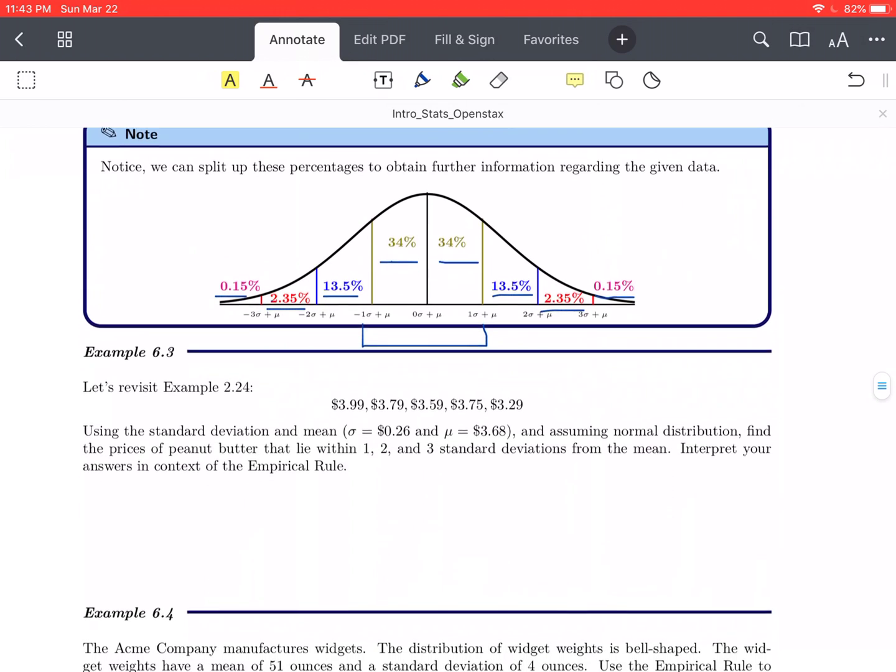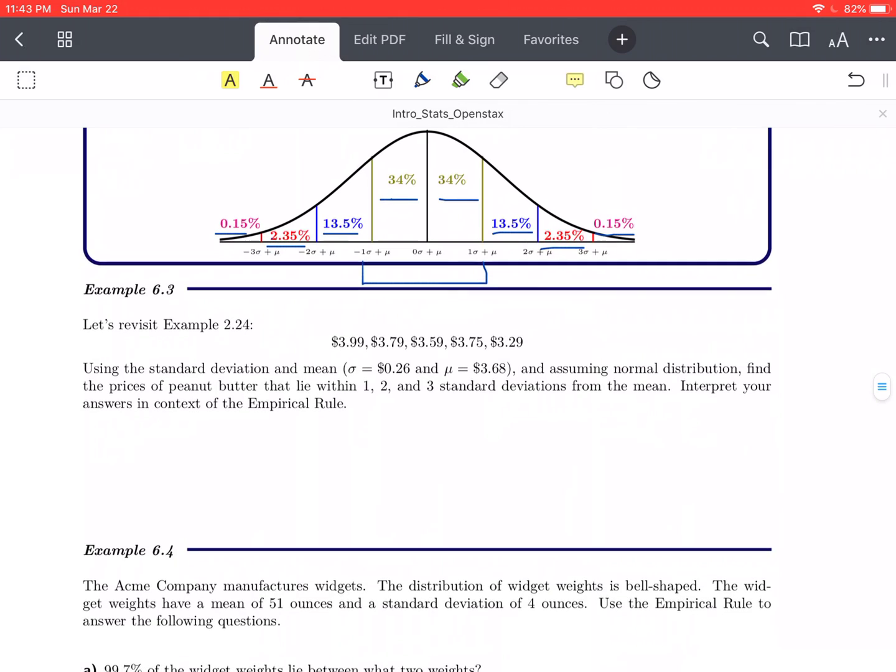Okay, so let's look at an example that we've already looked at a little bit. Using the standard deviation and mean and assuming normal distribution, find the prices of peanut butter that lie within 1, 2, and 3 standard deviations from the mean, and interpret your answers in the context of the empirical rule.